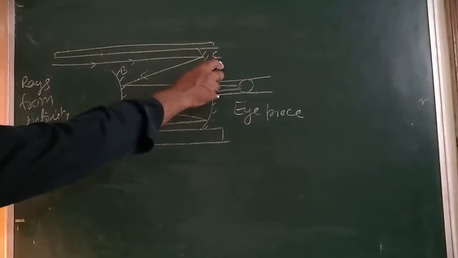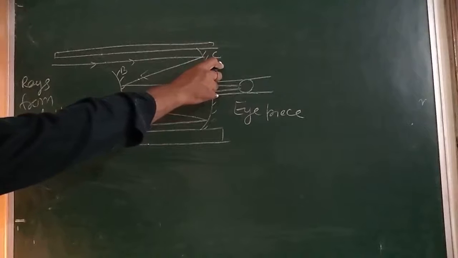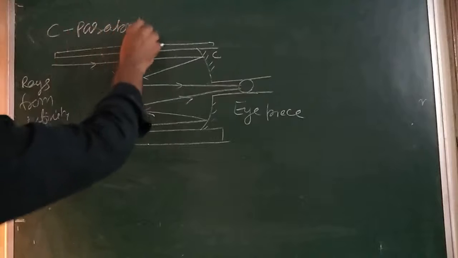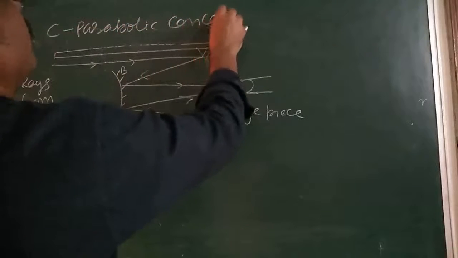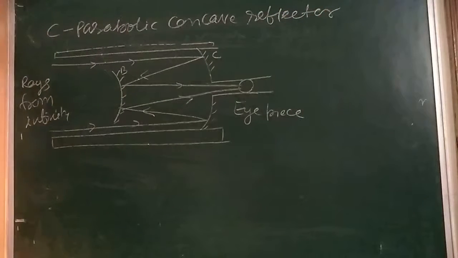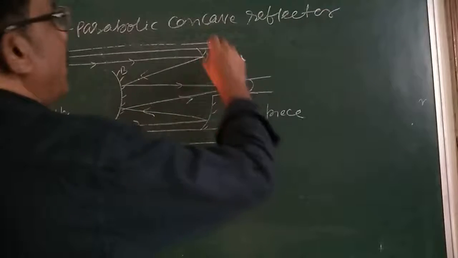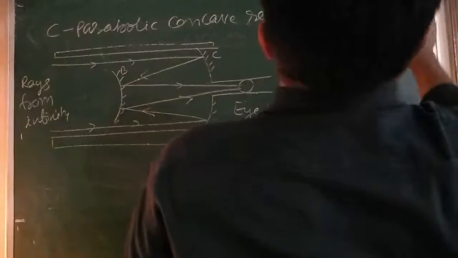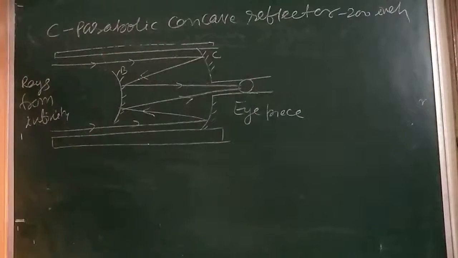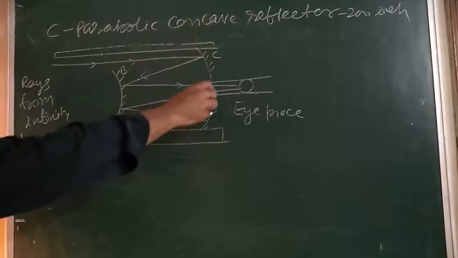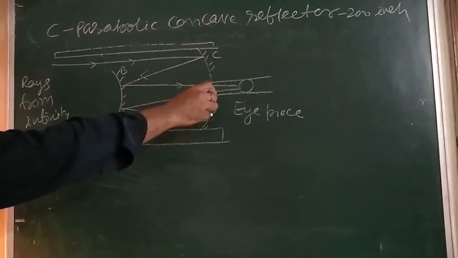Here, dear children, C is a parabolic concave reflector of about 200 inch. बहुत बड़ा मिरर है ये. 200 inch इसका aperture है with a narrow hole here at the center.